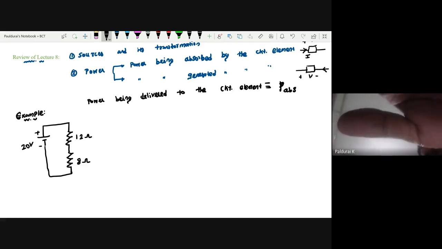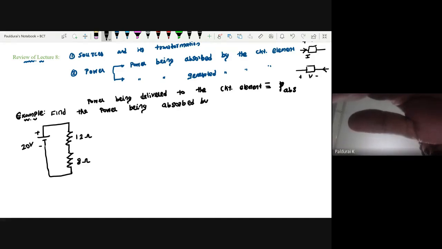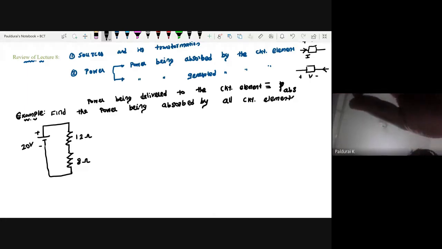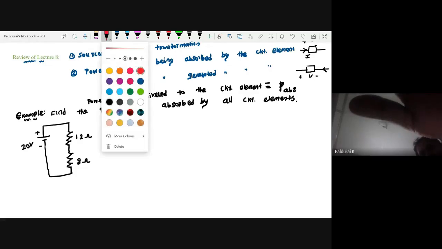The question is: find the power being absorbed by all circuit elements.